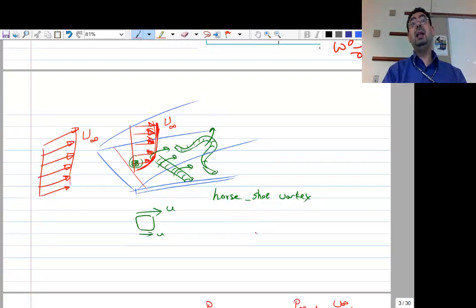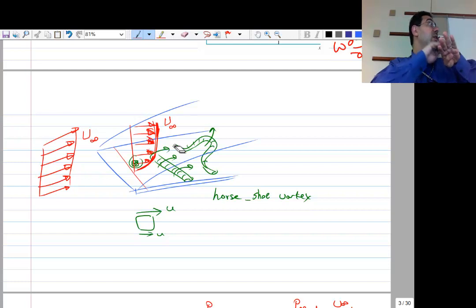So that mechanism made people think, well, maybe we can destroy those structures before they establish themselves. If we cover the submarine surface or the aeroplane wing with MEMS devices, very tiny objects with a shear stress sensor that can feel one of those things forming, and then hit it with a tiny jet that breaks it apart, then we can maintain laminar flow over a very long surface, right?